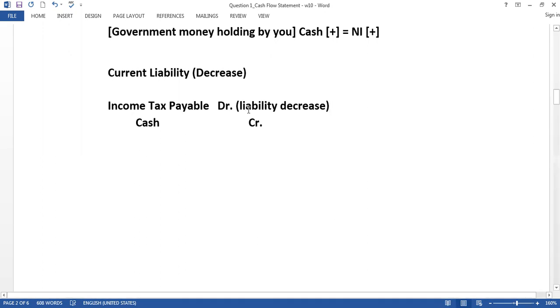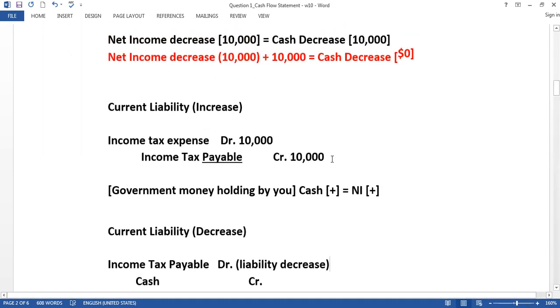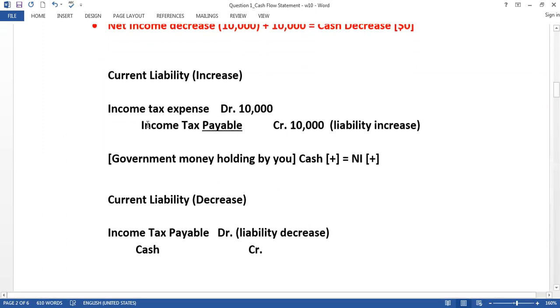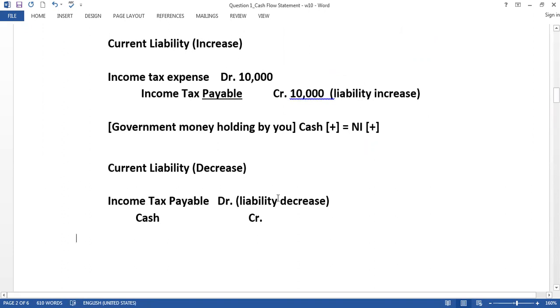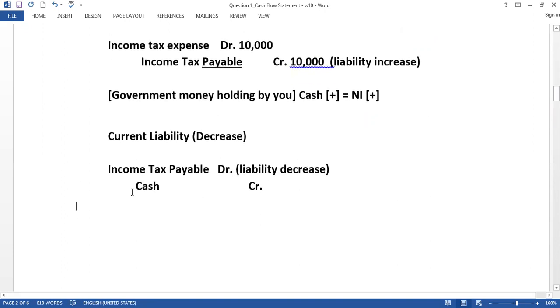We know that liability decrease is debit, and liability increase is credit. You already pay money to the government, so your liability decreases. Do you understand?